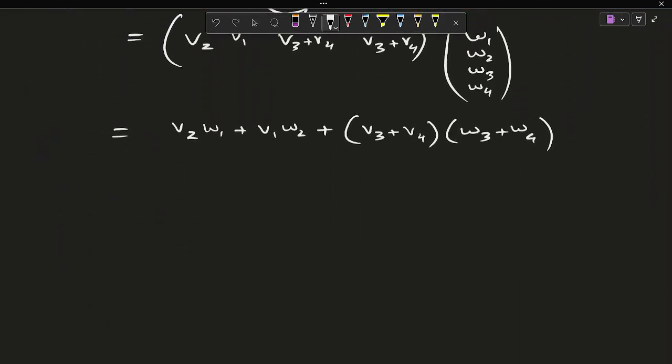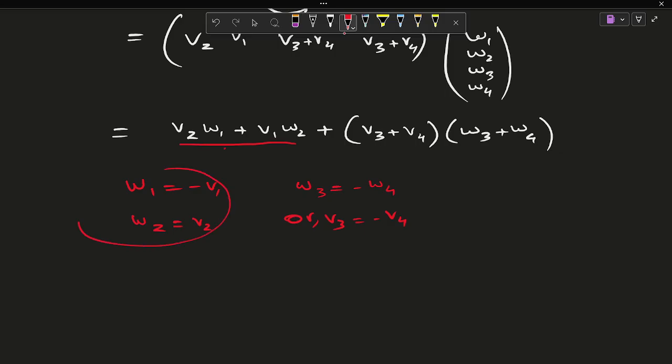Now if we take W1 as minus V1, W2 as V2, and W3 as minus W4, or V3 as minus V4, then what will happen?